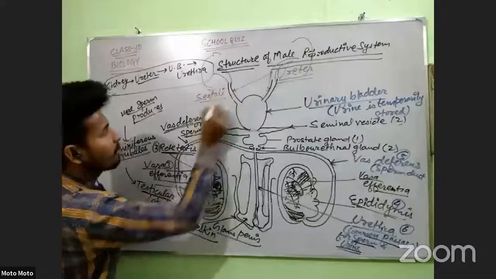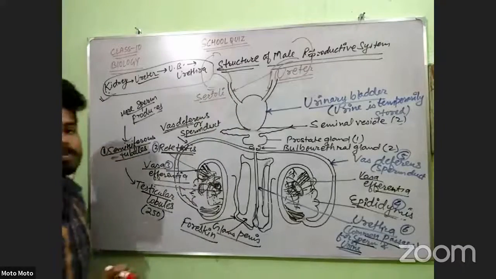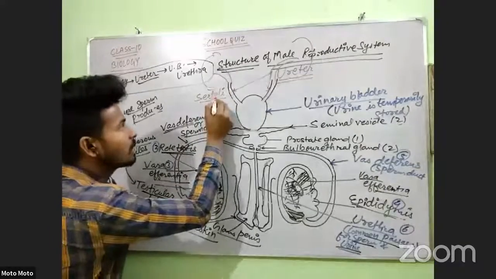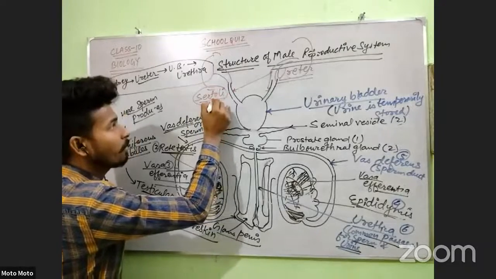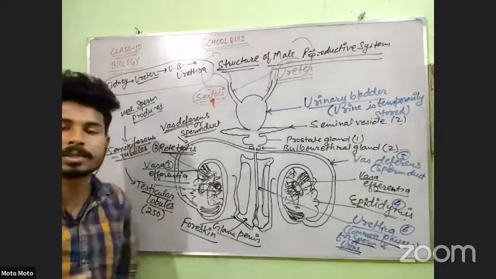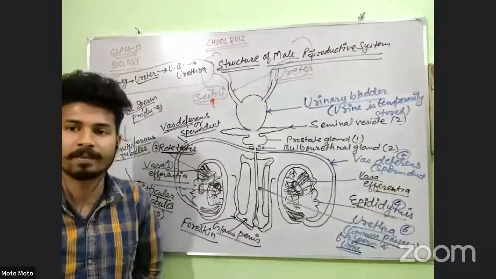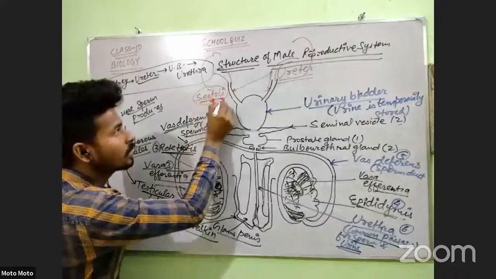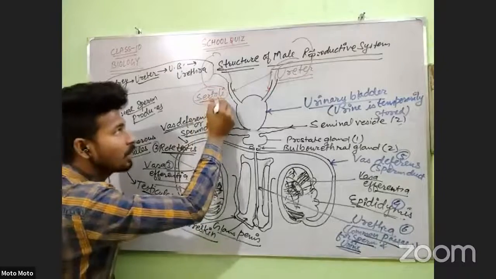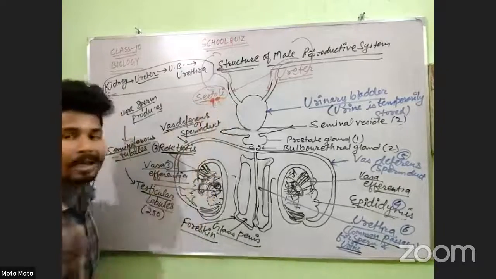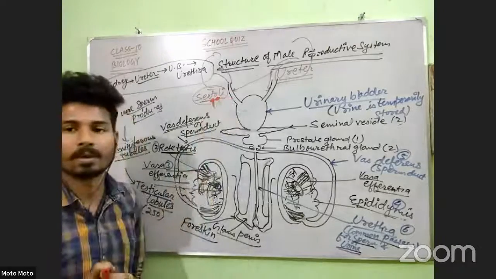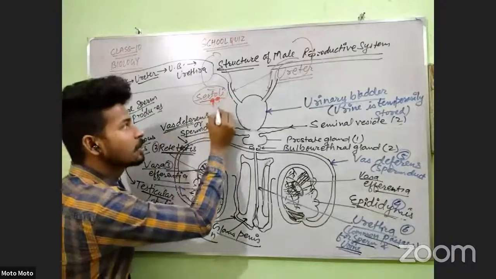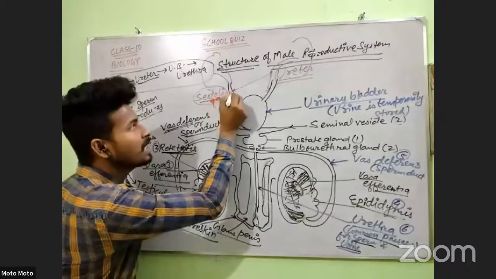When the seminiferous tubule makes a sperm, it comes into the Sertoli cell for further development, or maturation, because the Sertoli cell provides protection as well as nourishment to the sperm. Sperm gets nutrition from the Sertoli cell.